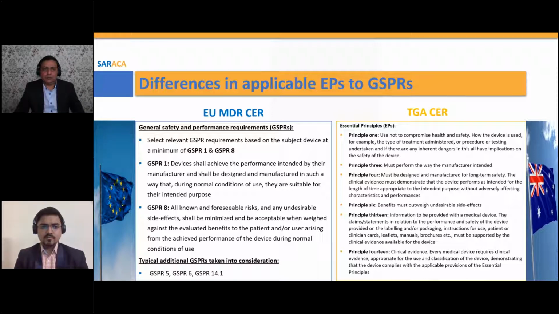GSPR 8: all known and foreseeable risks and any undesirable side effects shall be minimized and acceptable when weighed against the evaluated benefits to the patient and/or user arising from the achieved performance of the device during normal conditions of use.